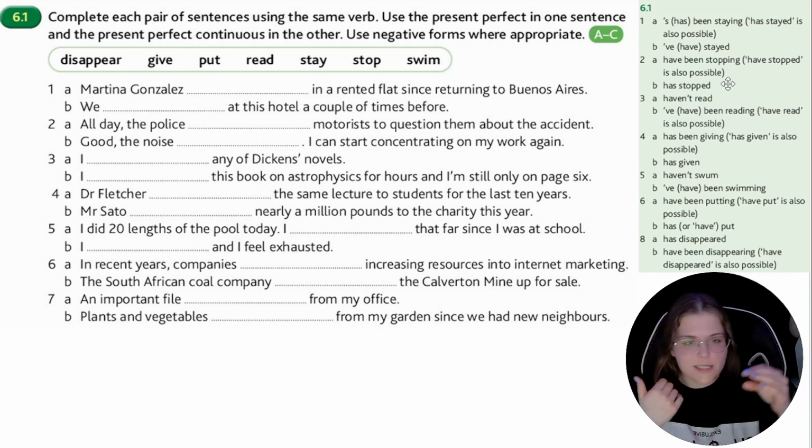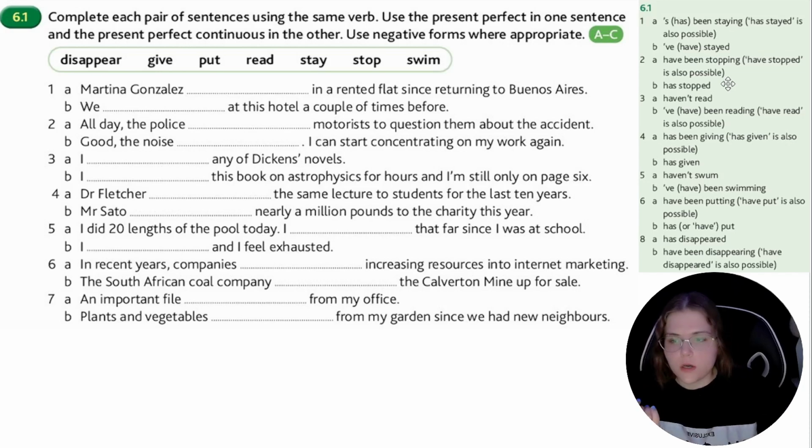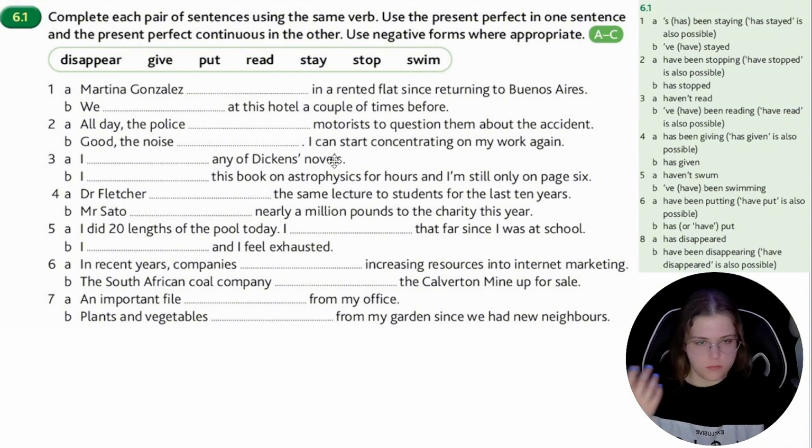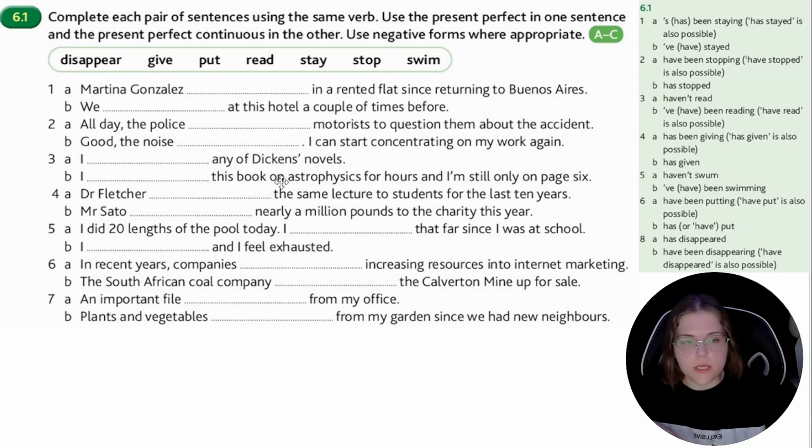So read, read, read, and haven't read, have read. Haven't read any of Dickens' novels. Just I haven't done it. That's it, without any duration. But I have been reading, or I have read this book on astrophysics for hours, and I'm still only on page 6.